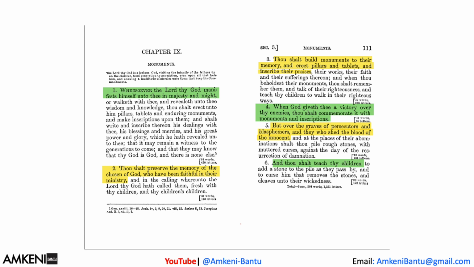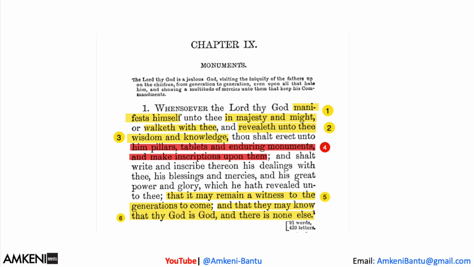So that is chapter 9 in an overview sense. Let's get a little bit into the detail of each of these. This is the first one. Whensoever Tatanzambi manifests himself unto you in majesty and might, or walks with you, that's the first point.